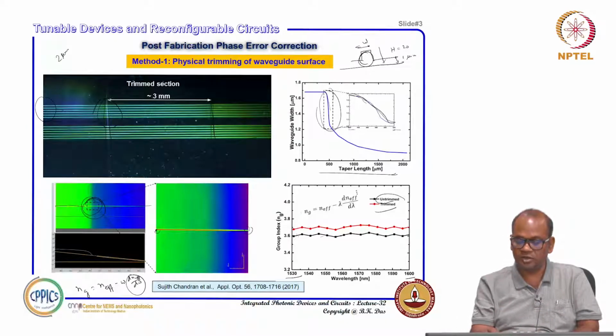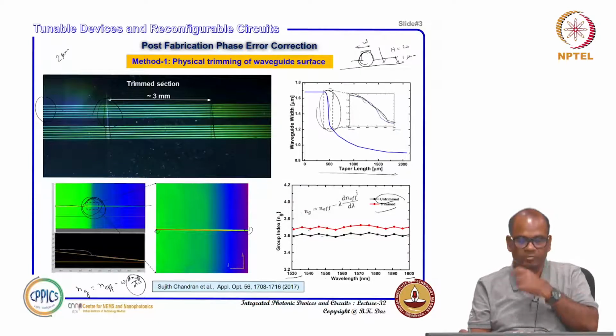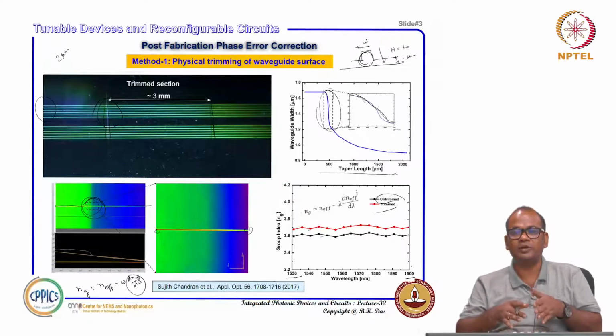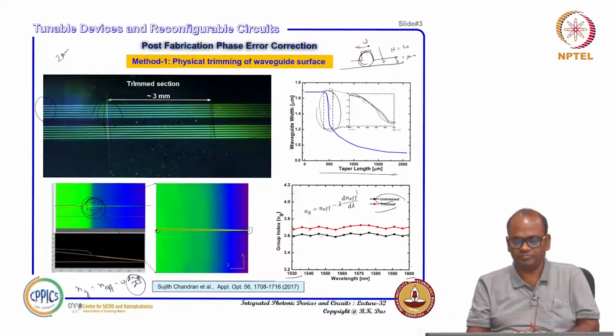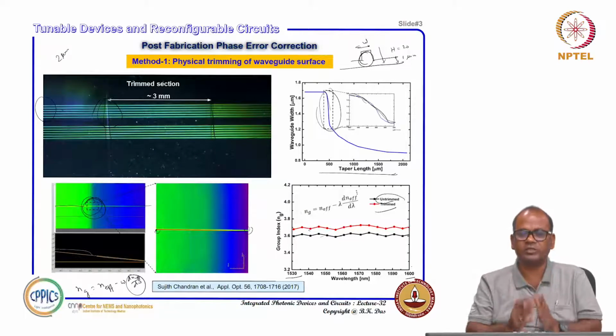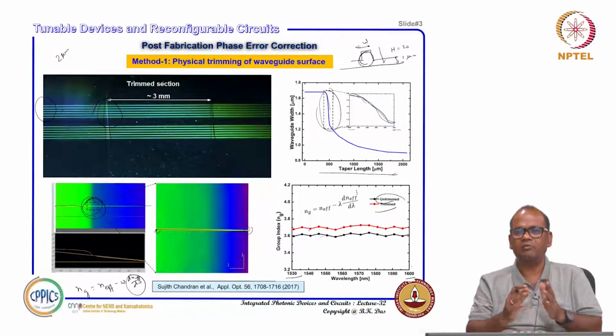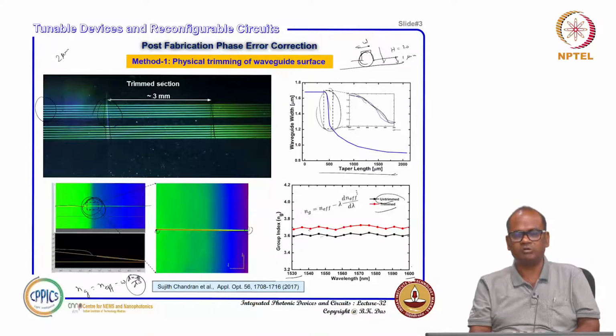You see the group index is now increased to about 3.7 for all wavelengths. That way you can permanently modulate the group index or N effective according to your requirement. Wherever you need, in a particular location of your device, you can trim and get your desired outcome.